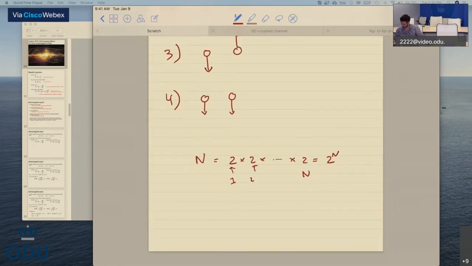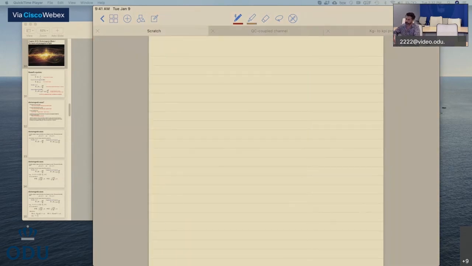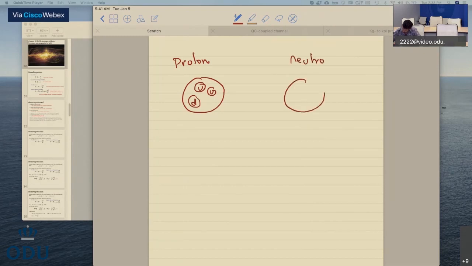So here's a symmetry that is almost a symmetry. So the proton is made out of 3 quarks: 2 up quarks and 1 down quark. The neutron is made out of 2 down quarks and 1 up quark.